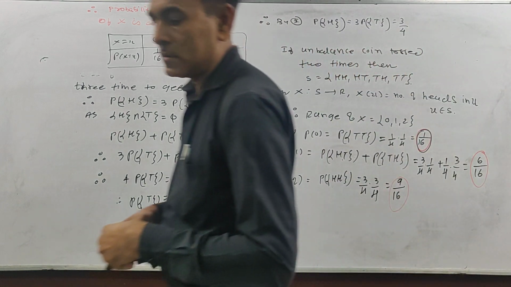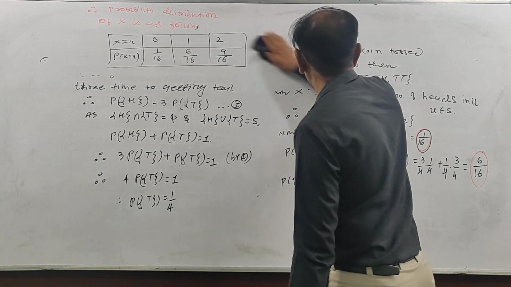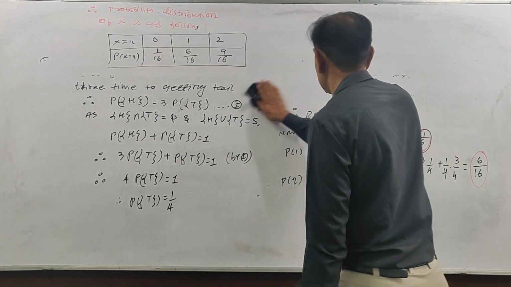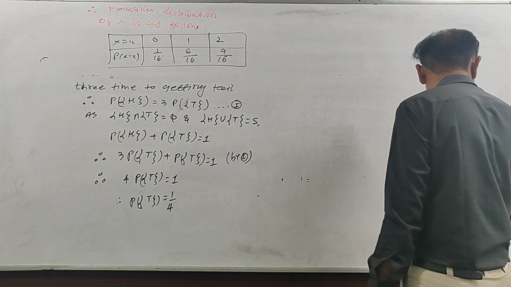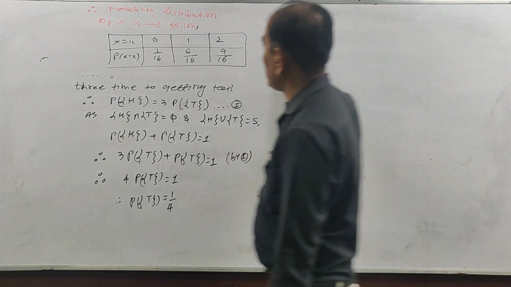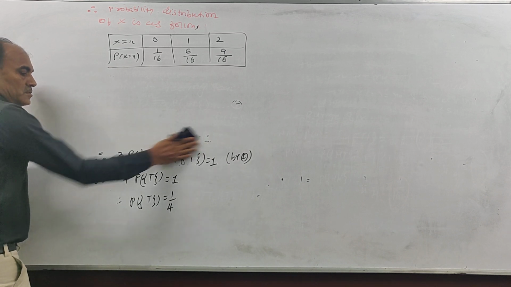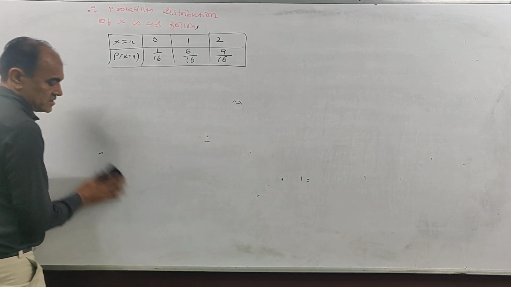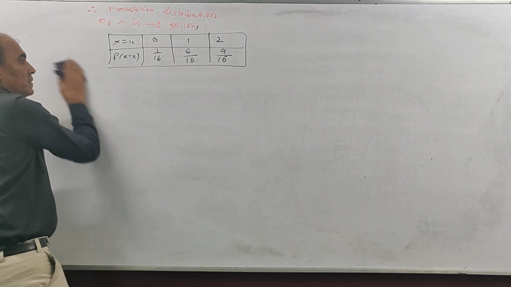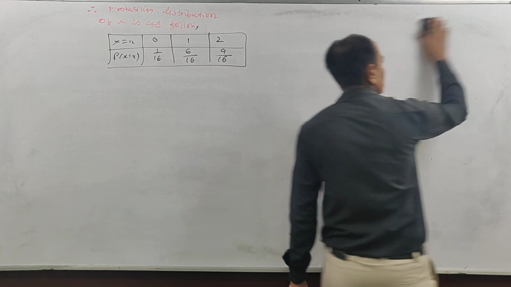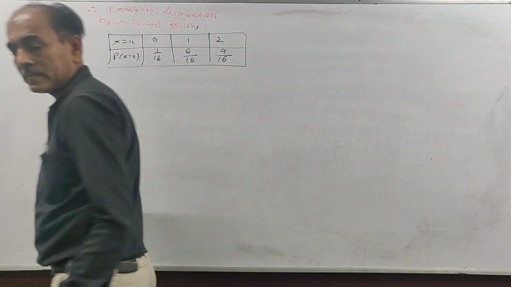Now see question number 8. Now let us see question number 8. The probability distribution of random variable X is given to us in tabular form, and we want some values of K as well as some probabilities.